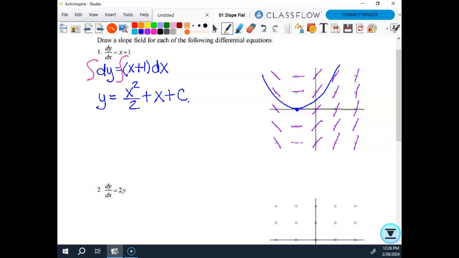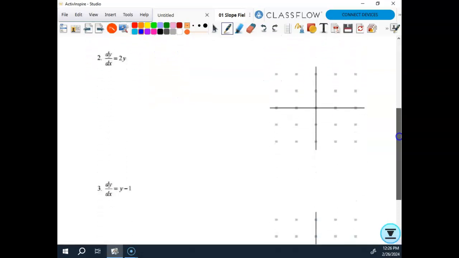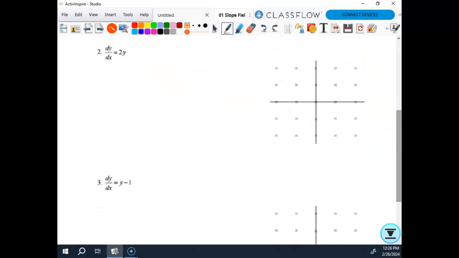All right, so notice here, it only depended on x. So all the y value things were the same. So when we look at number 2, this one only depends on y. So when y is 0, the slope is 0 all the way along. When y is 1, what is the slope? 2, and all those would be the same, right?